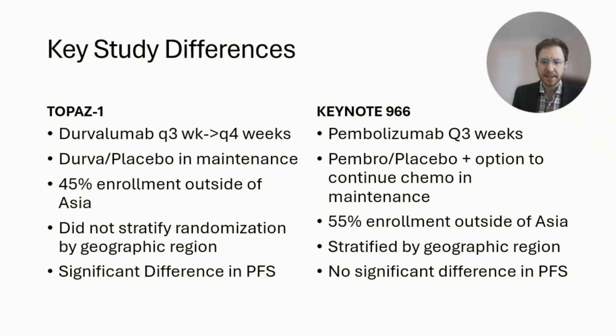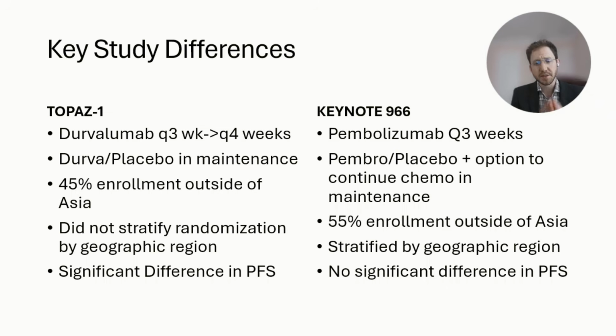I think from a design standpoint, the main thing that stands out is that in TOPAZ-1, after the induction period, up to 8 cycles of the chemo doublet and the immunotherapy, both chemos were dropped. And in the maintenance setting, it was the immunotherapy alone versus placebo.